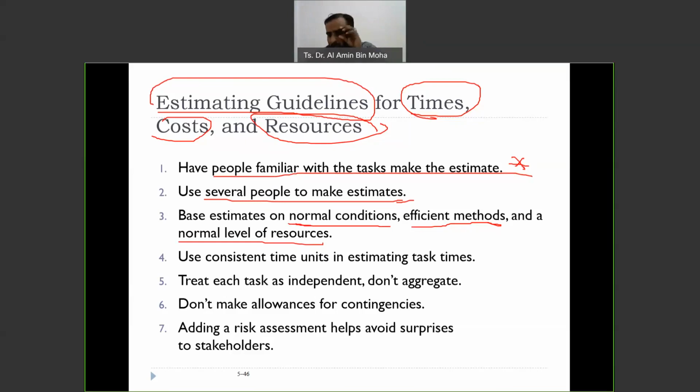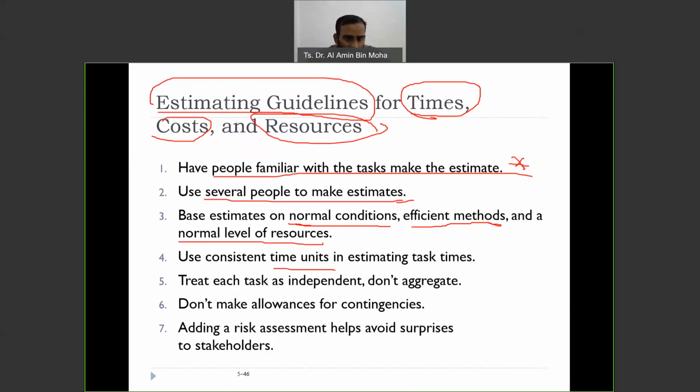You can't take special conditions when you want to do that. It should be normal. Use consistent time units. What does this mean? Don't mix up minutes with hours, or kilometers with meters, because we want to be consistent to get a consistent amount of units.